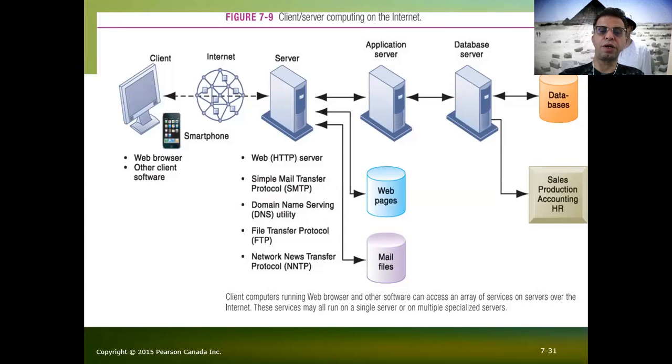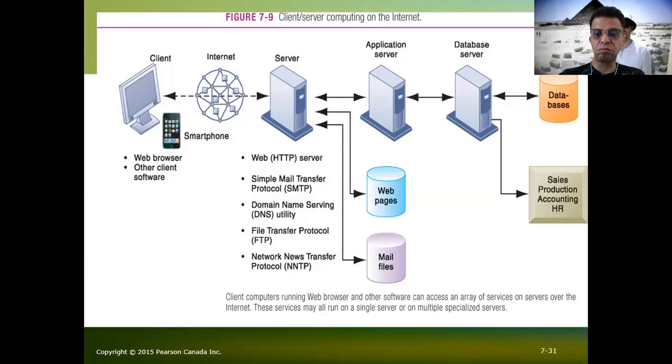Through the internet or intranet, we said that you have a different server setup: one server is for application, another for database, another for the web, and you have a database backend system, and you have the web pages and mail files, each one separated in a certain server or storage.